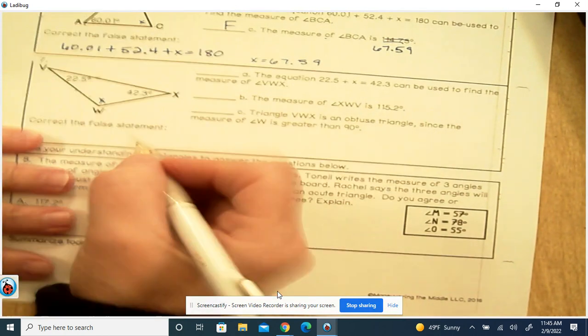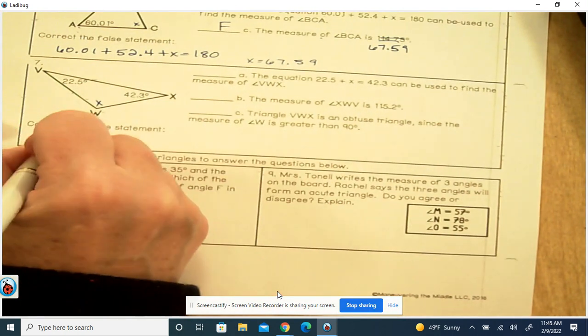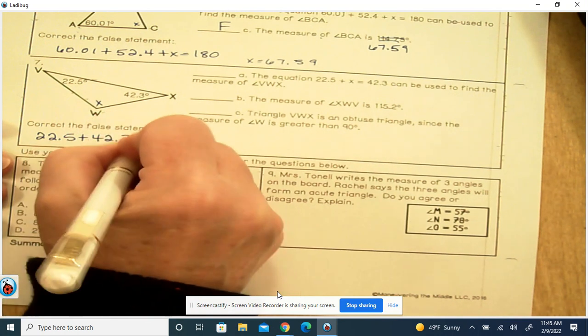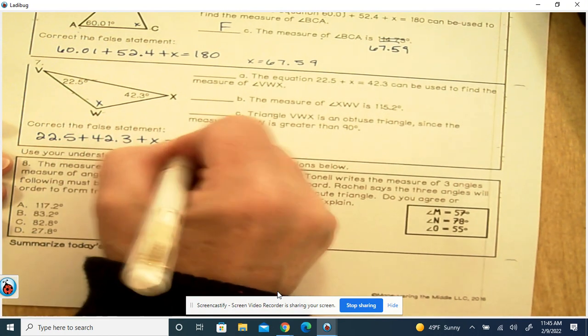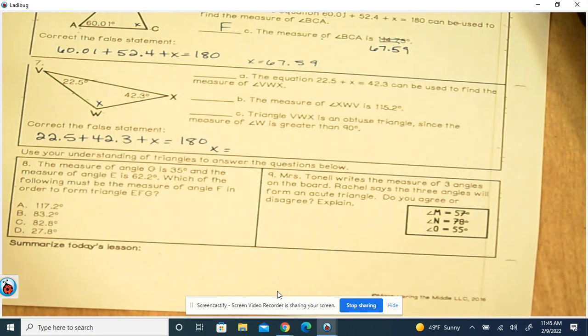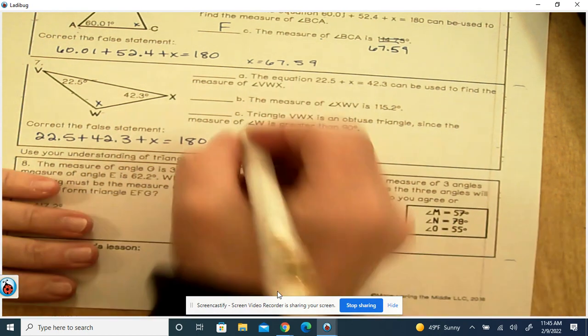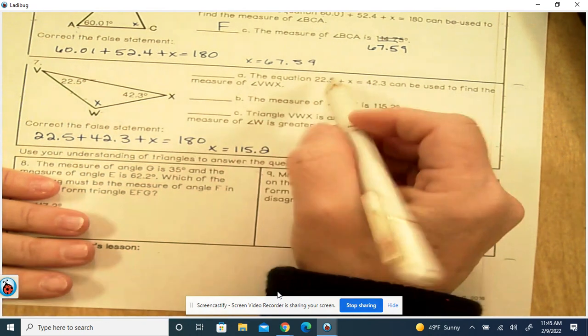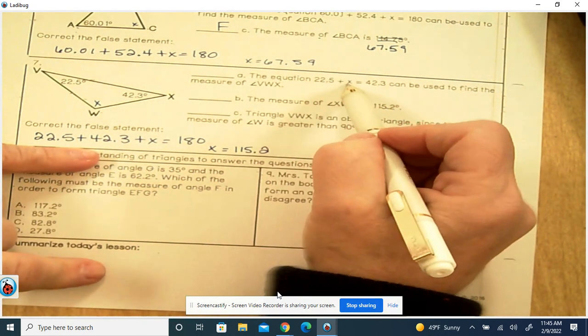Number 7, these two angles plus x. So we're going to say 22.5 plus 42.3 plus x equals 180, where x is equal to 115.2. The equation 22.5 plus x equals 40.